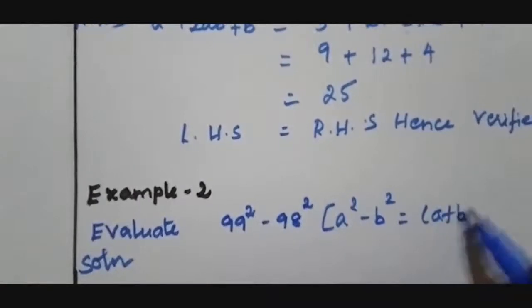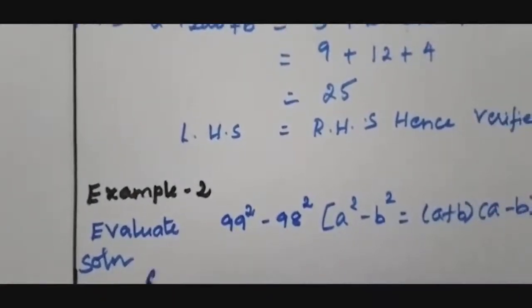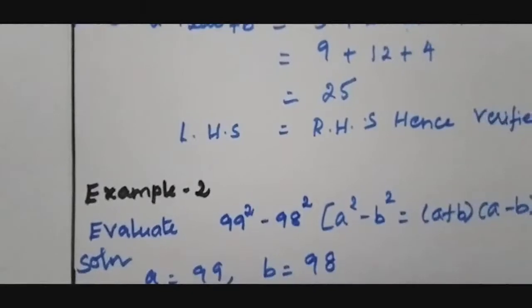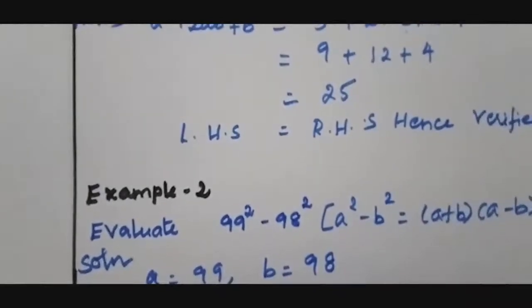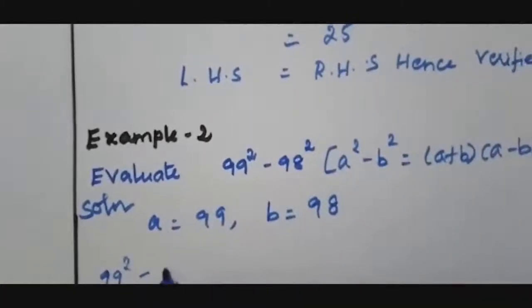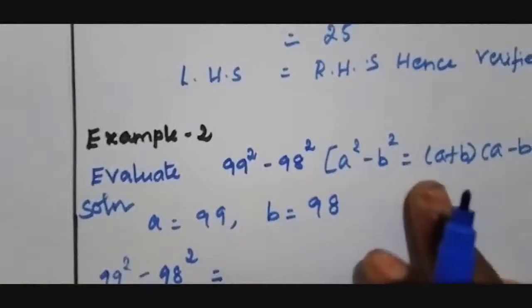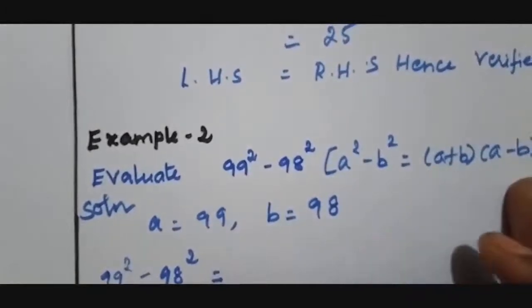A plus b into a minus b. The value of a is 99 and b is 98. So they have given 99 square minus 98 square, which is equal to, based on the identity, a plus b into a minus b.